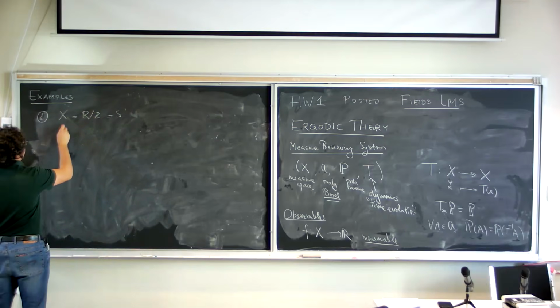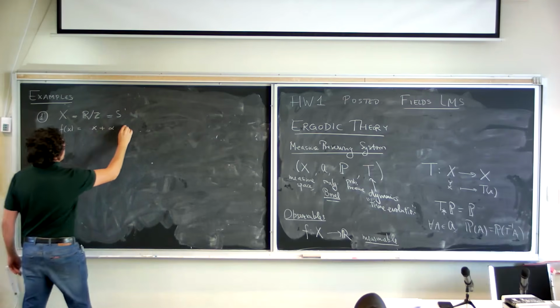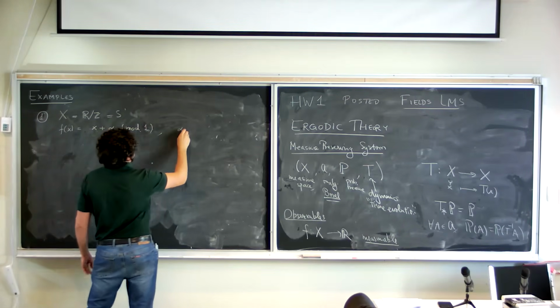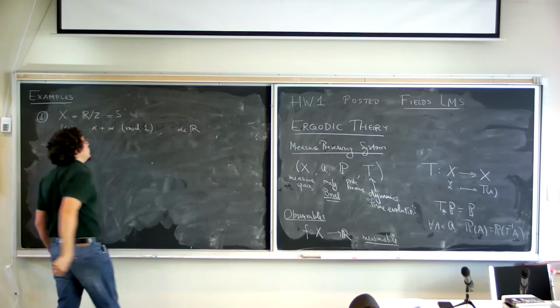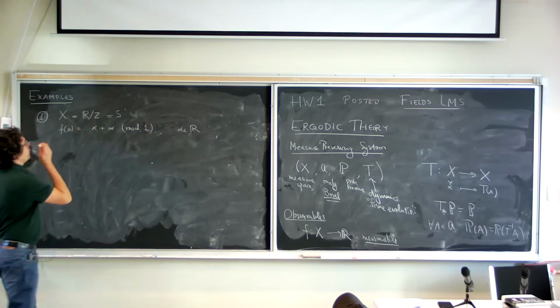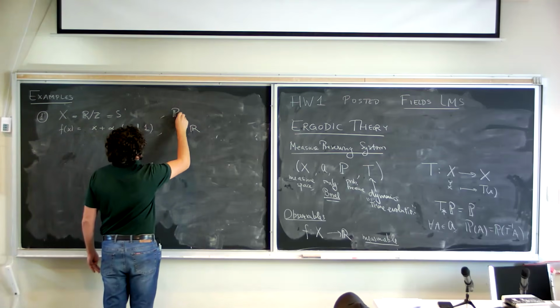And you take T of x to be a rotation of the circle, x plus alpha mod 1, where alpha a priori could be any parameter. And what is the measure here? Well, in this case, we can just take P to be the Lebesgue measure.